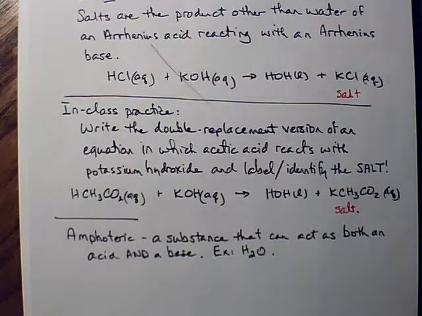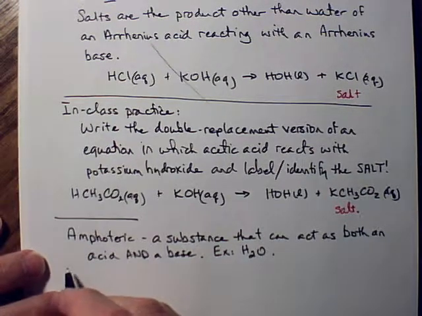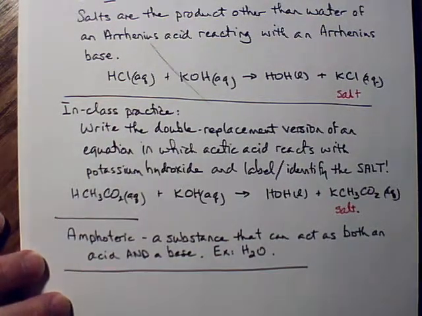It's a substance that can act as both an acid and a base. In our acid dissociation equations, in Bronsted-Lowry form, when we pulled the proton off of the acid and stuck it on a water, water was acting like a base. Under different circumstances, water can act as an acid. Any questions? So that's just a definition. You need to know the definition. Okay? Amphoteric. All right.